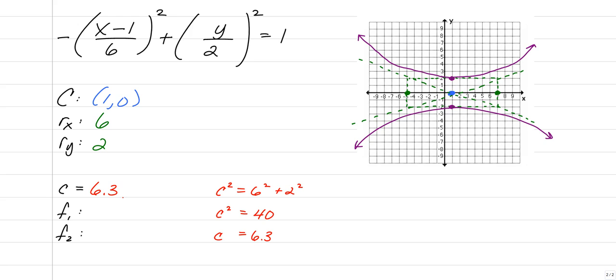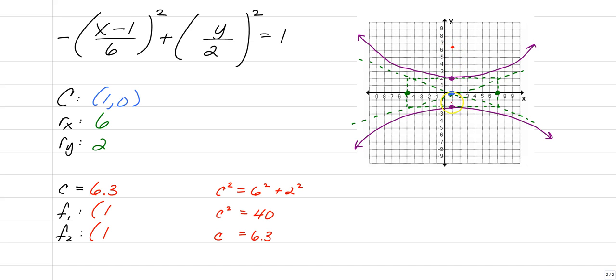Now we have to remember our foci are always inside of the graph. So since this graph is going up and down, our foci are going to go up and down, which means we're going to add to the y-coordinate of our center. So for both of these, the x-coordinate is not going to change. So look, you're going up 6.3 from the center. So up 1, 2, 3, 4, 5, 6, and a little bit.